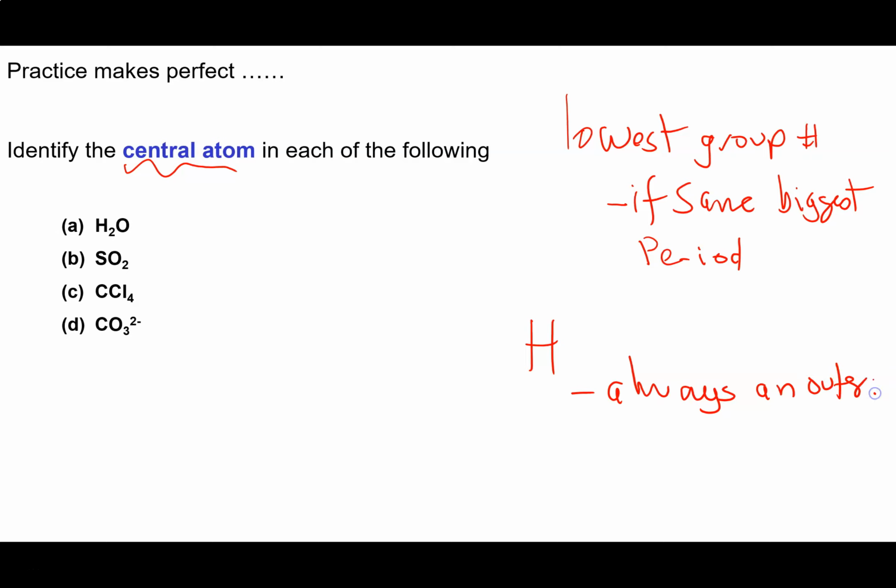That can save a little bit of time. So in the first one here, hydrogen's going to go on the outside because it always does. Oxygen's got to go in the middle. In this one here, sulfur is in group 6A. Oxygen is also in 6A, but sulfur is lower down, so sulfur goes in the middle.